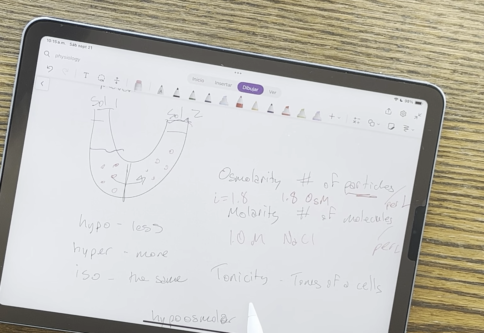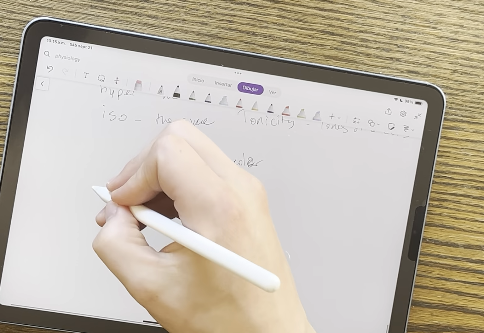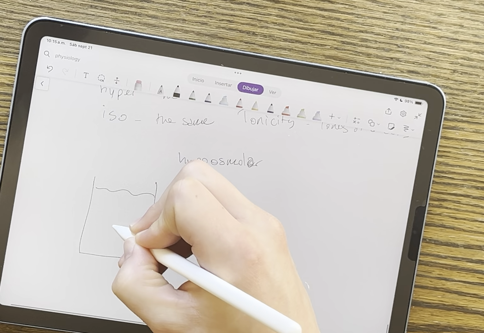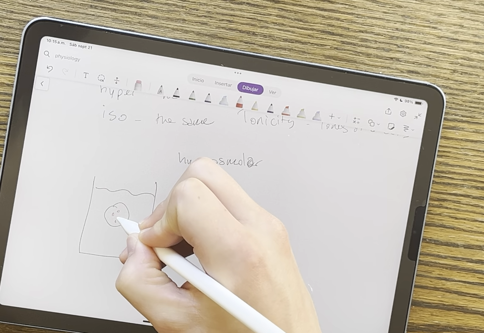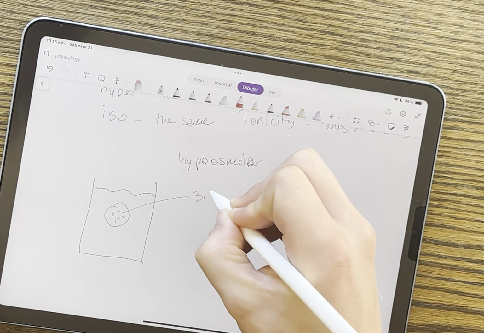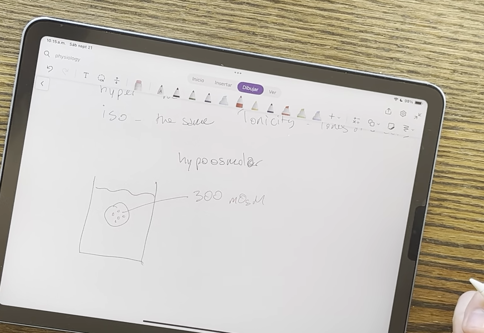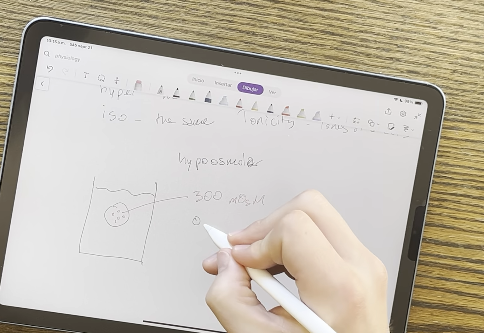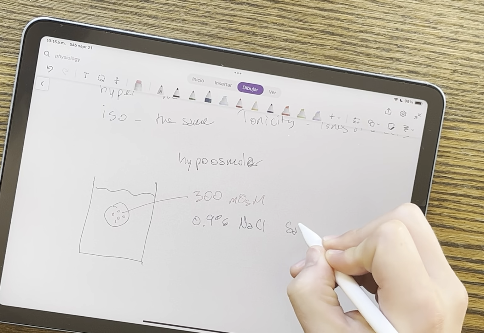And if we apply the same thing to tonicity, we can look at how a cell is affected by the difference in osmolarity. So let's say we have a typical cell, and the human body has 300 milliosmolar of particles in it. So let's put it in 0.9% NaCl solution, also referred to as saline.